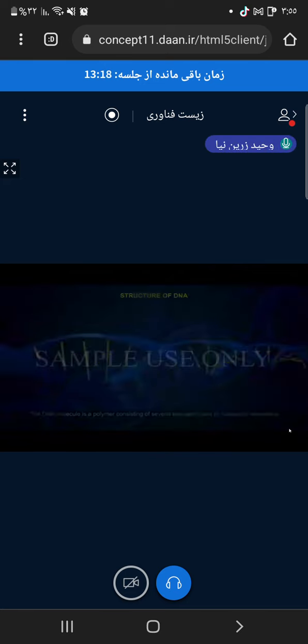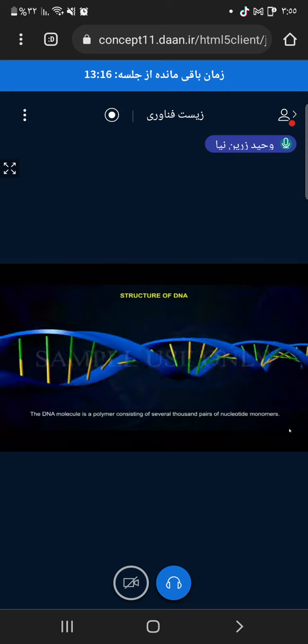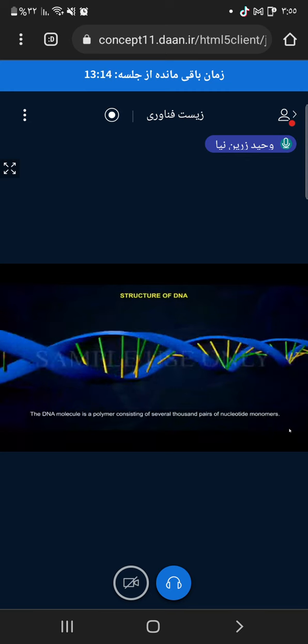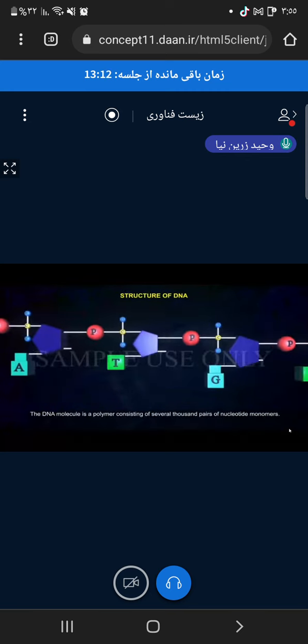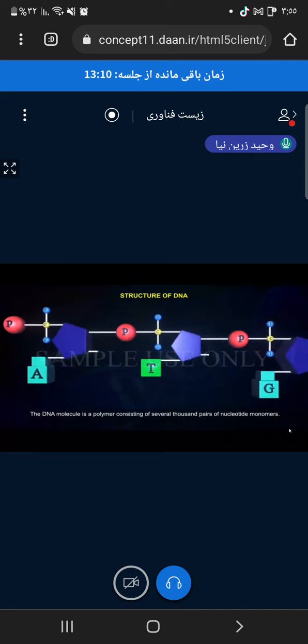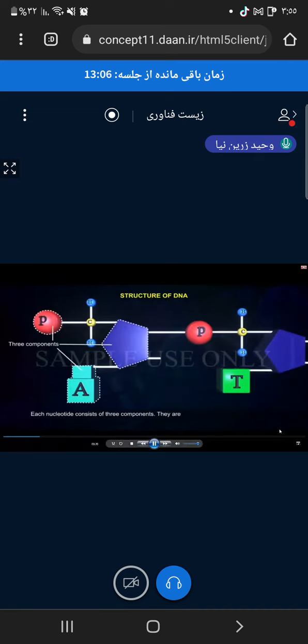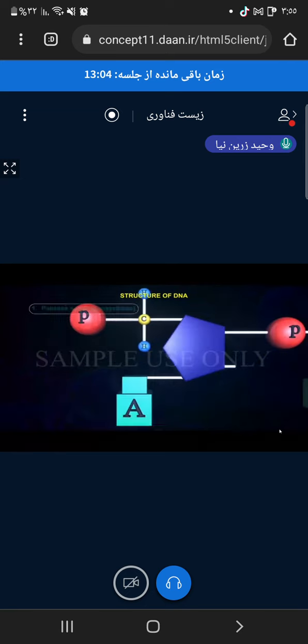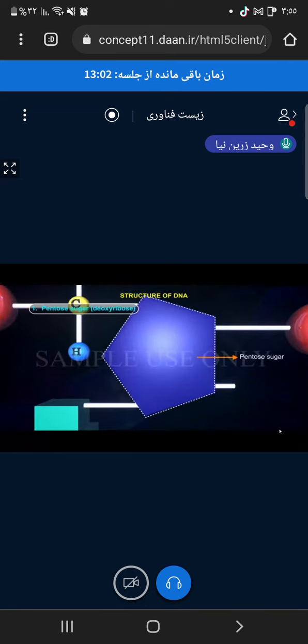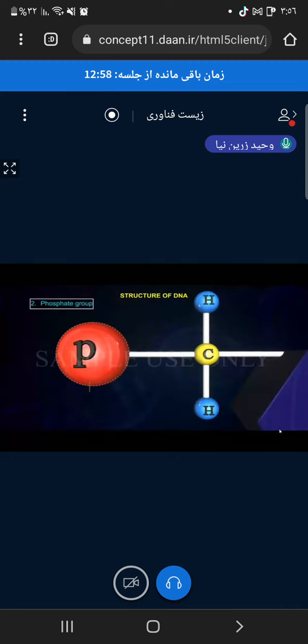Structure of DNA. The DNA molecule is a polymer consisting of several thousand pairs of nucleotide monomers. Each nucleotide consists of three components: 1. Pentose sugar, deoxyribose. 2.